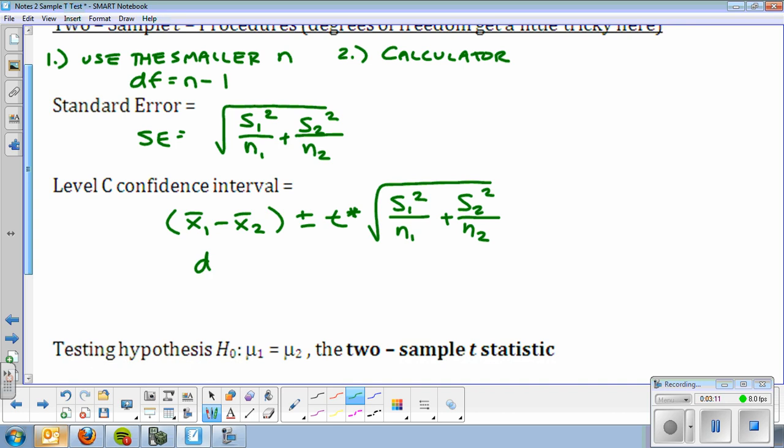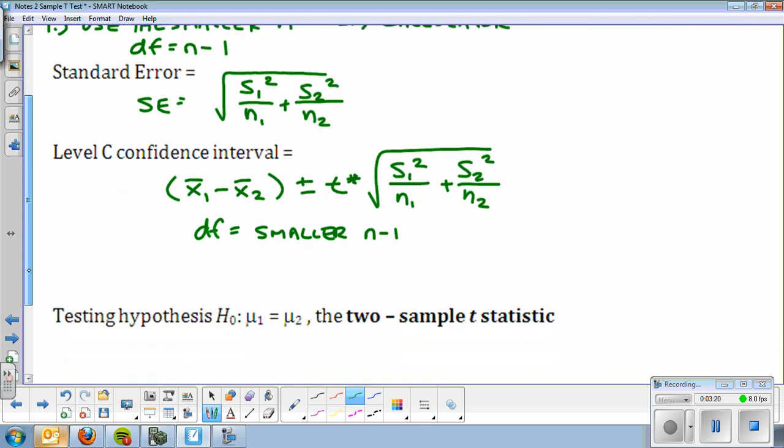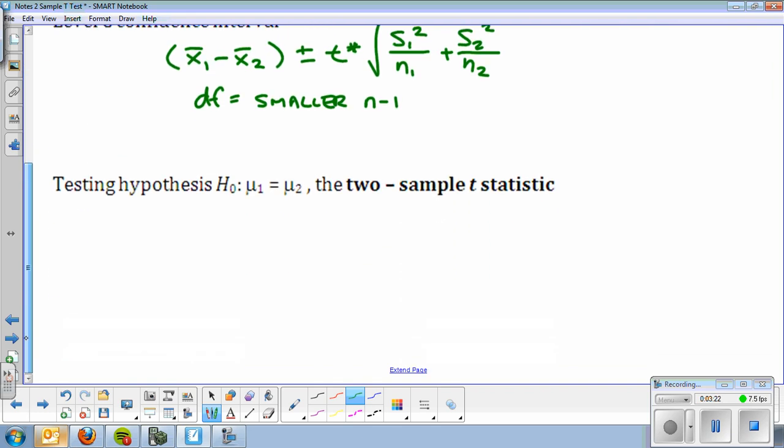And again, the degrees of freedom in this case, you're going to use the smaller n minus 1. Okay, so when we test a hypothesis, the null hypothesis in this case is always going to be mu1 equals mu2. Remember, null hypothesis, H0, means no change. If there's no difference between the two samples, then they'll be equal.